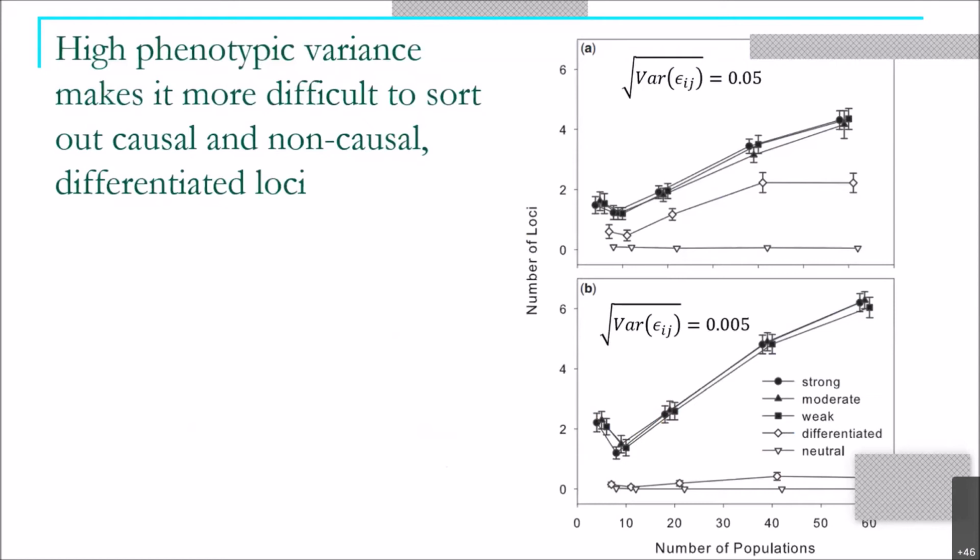Now, the dark symbols show the success of FLAM at picking up alleles with strong, moderate, or weak effects, where you don't have any strong nonlinearity in the impact of SNP frequency changes or TE frequency changes relative to the phenotype.